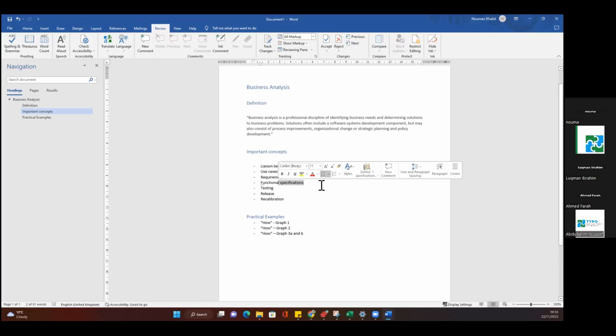So functional specifications are again a fundamental part of business analysis, which is the documentation required by technologists. So you want to give the technologists functional specifications, which is essentially what you want a system to do, right? If it's a technological system, and most organizations and companies use some sort of technology.